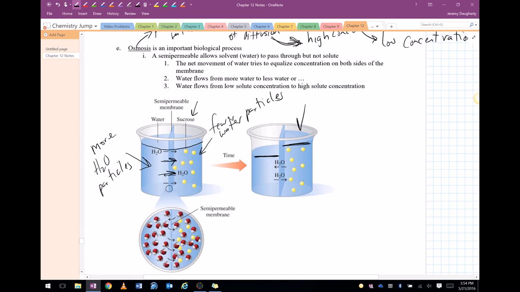Now, it'll stop traveling across this membrane when the pressure won't allow it to come across anymore. And that's what's called the osmotic pressure. Okay, the osmotic pressure is the pressure I need to exert on this to get it to go backwards. So we can also say it's the amount of pressure that this is exerting right now.